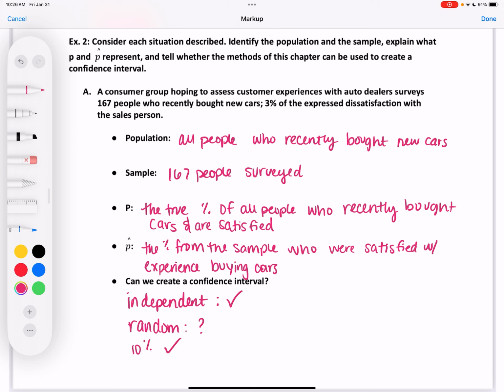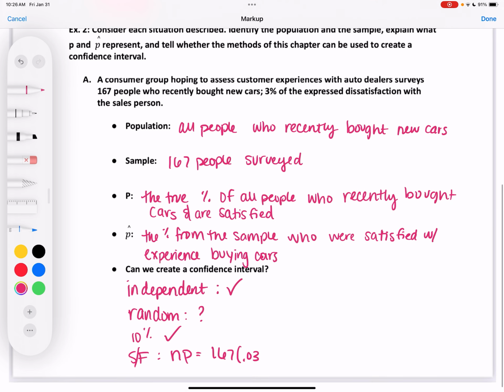Now, success failure, we still have this condition. So n times p is 167 times 0.03, which is approximately 5. It's 5.01 technically, but I'm just going to call it 5. What does that mean? That it's too small. This is less than 10, so no confidence interval can be created.